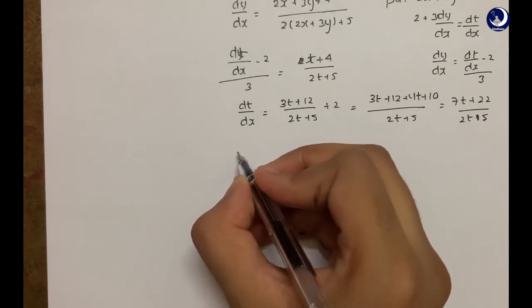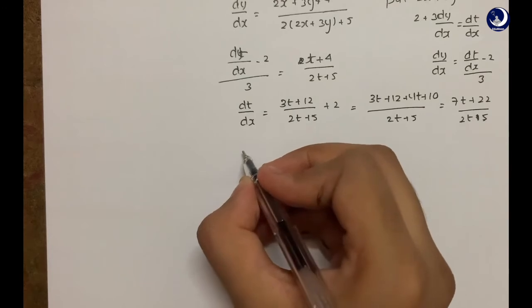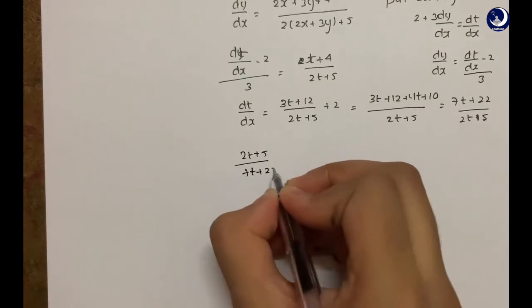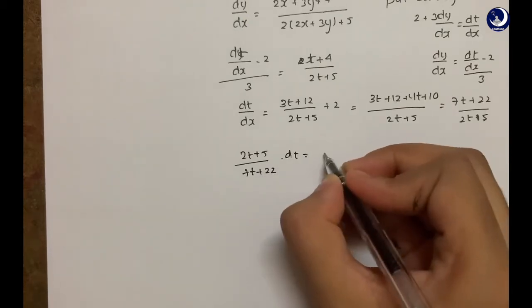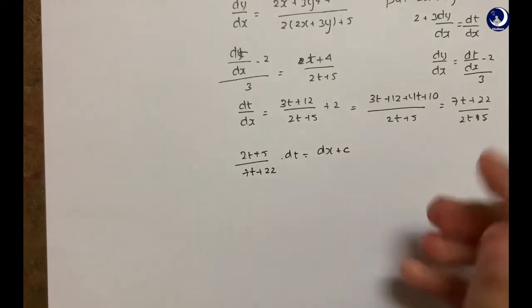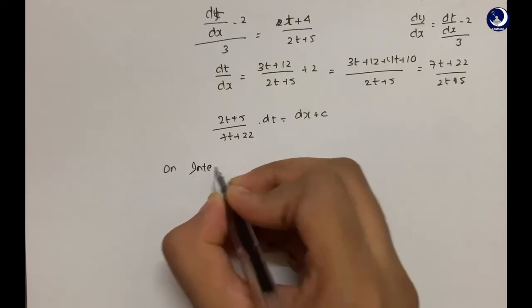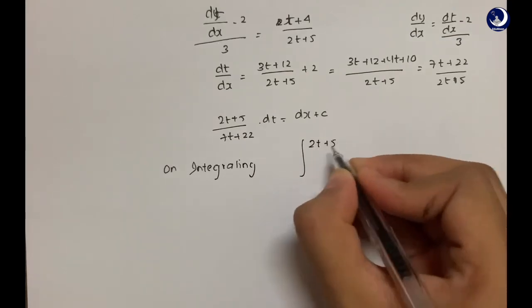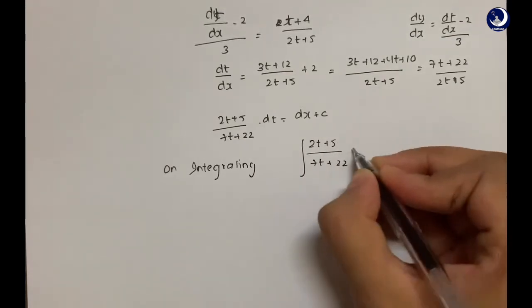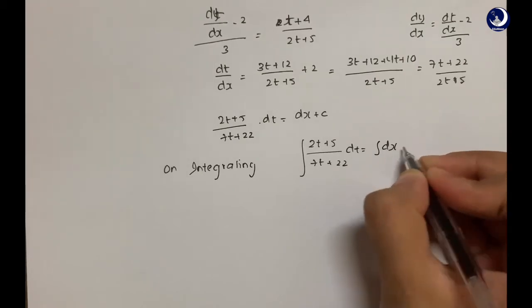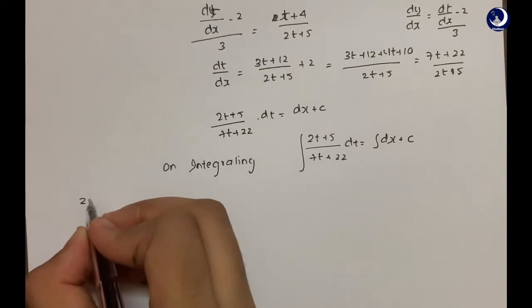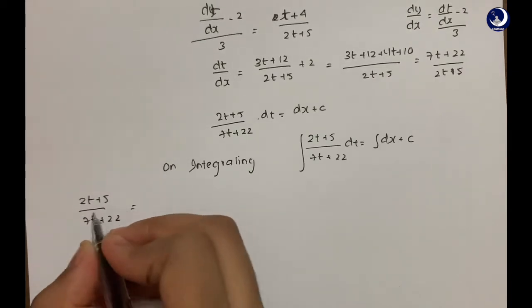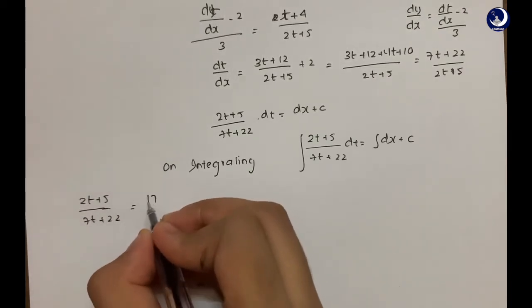Write t and dt on one side and dx and x on one side. On integrating both sides, multiply and divide with 7.